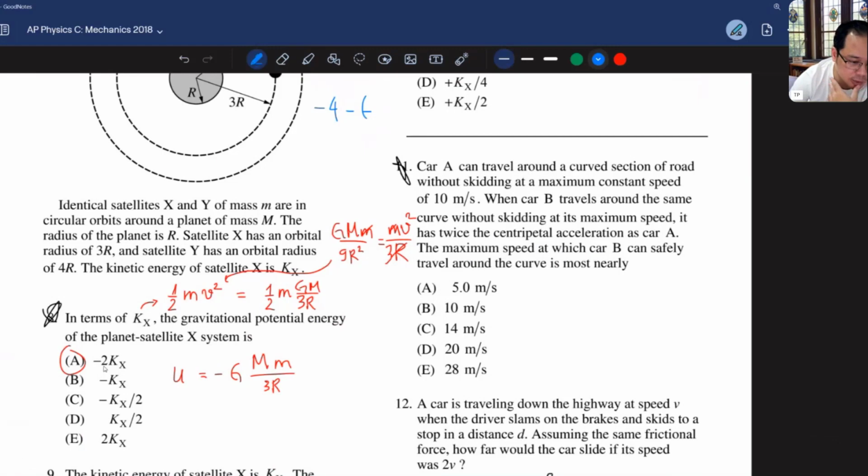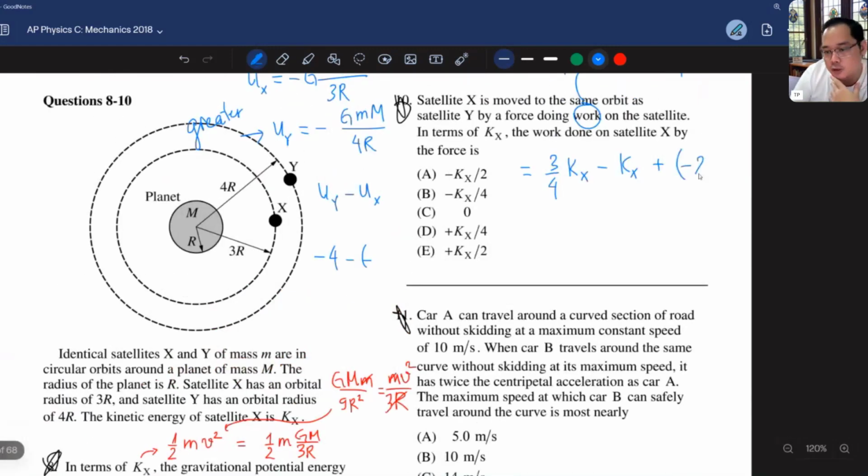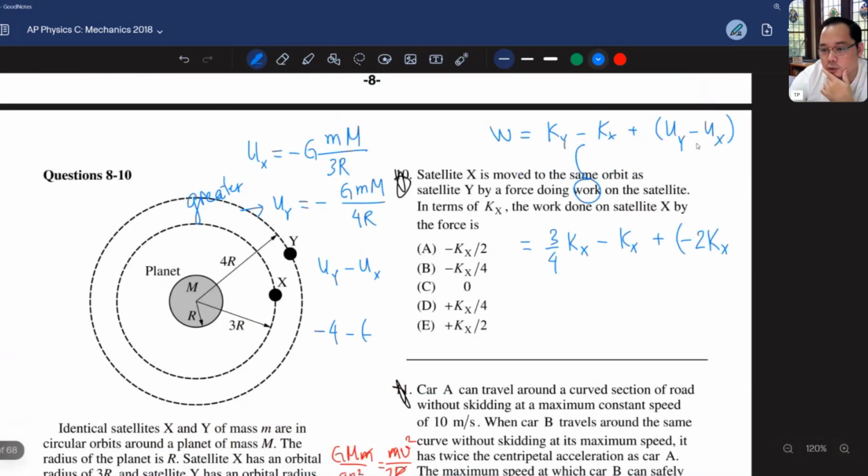Ux is minus 2 times Kx, and you need to also represent Uy. Wow, complicated problem. Ux is minus 2 times Kx, and Ux is a negative value, or we can find that difference and then represent it in terms of Kx.